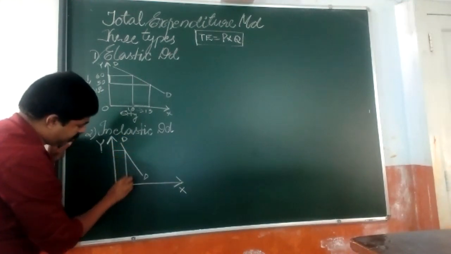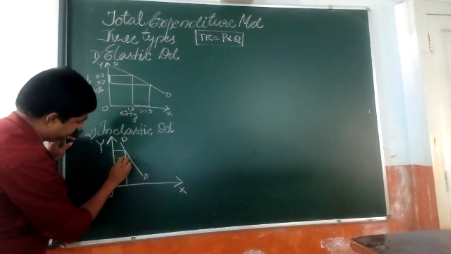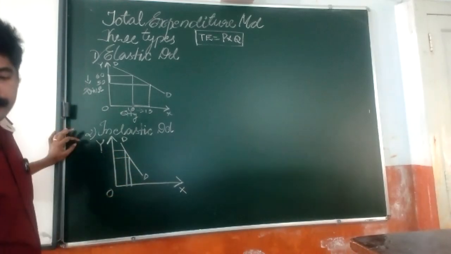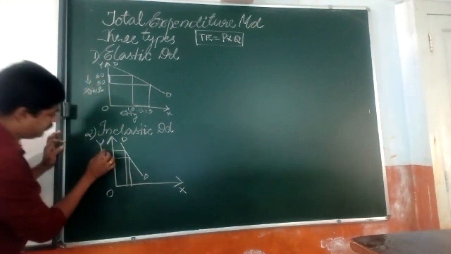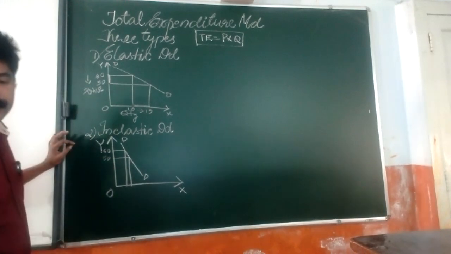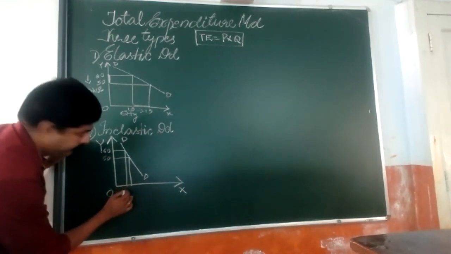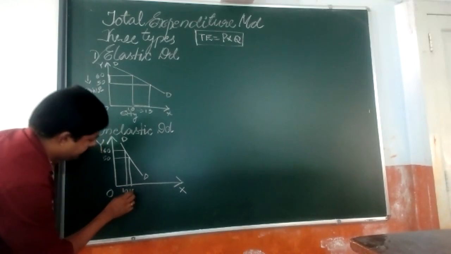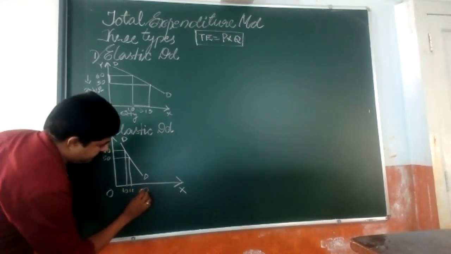See that I'm drawing it. Look at this. The same prices are given, 60 and 50, and the quantity demanded is 10 and 11.